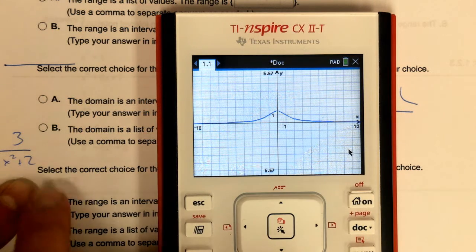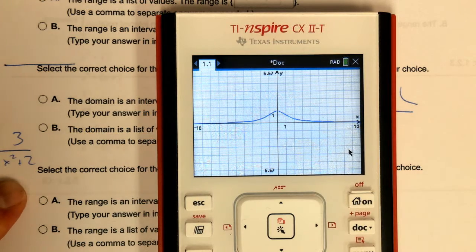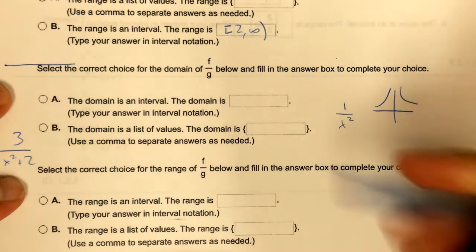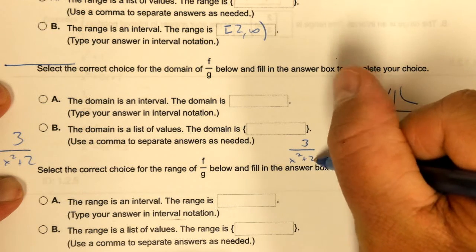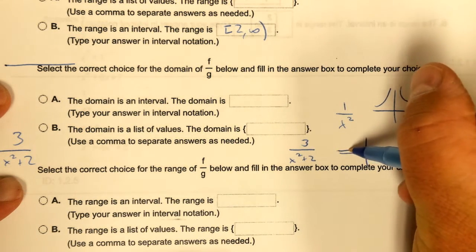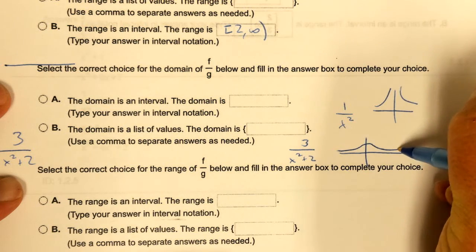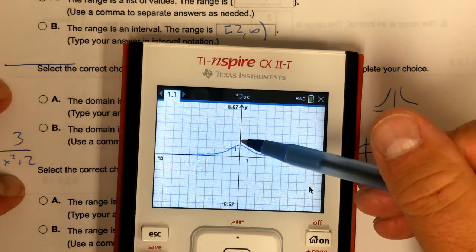Okay, so when you do that, it makes a little bump. So when it's 3 over x squared plus 2, it has a little bump and goes down. Now, it's not exactly at 2.